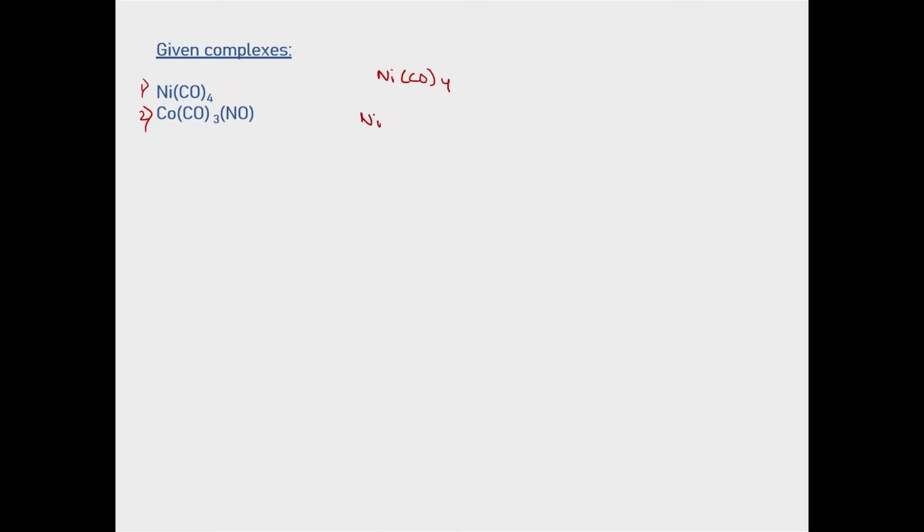Nickel has an electronic configuration of 3d8 4s2. Here, if we consider the oxidation state of nickel as X, then X plus 4 into 0, since carbonyl is a neutral ligand and doesn't carry any charge.